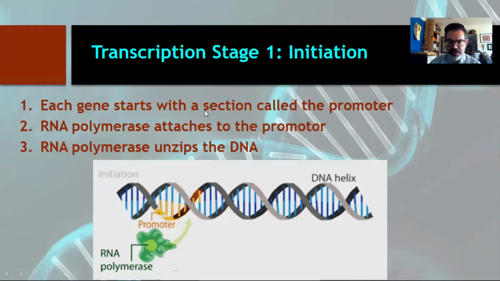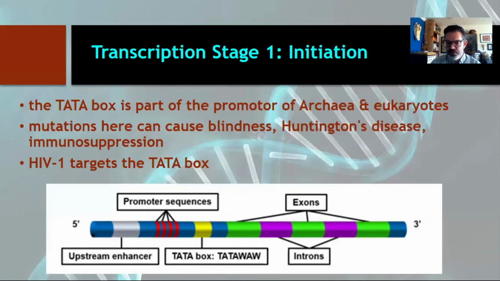So let's talk about transcription first. The enzyme that unzips DNA is called RNA polymerase, and it attaches to the promoter in this stage. Most organisms have a region of the promoter called the TATA box, T-A-T-A. It gets its name because it starts with a repeating sequence of TAs.